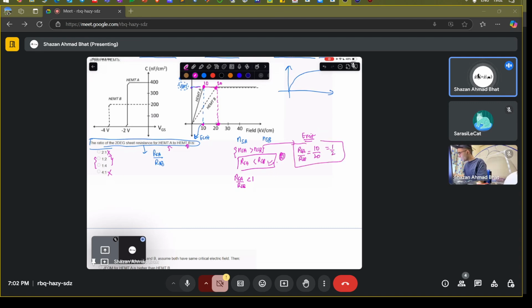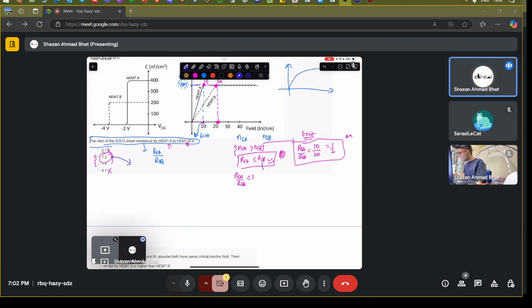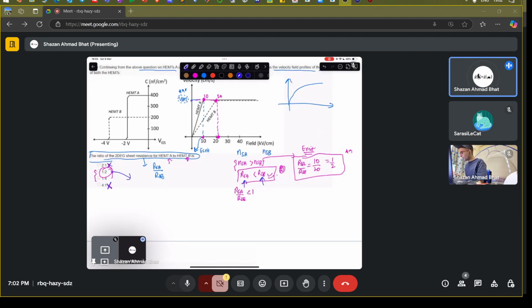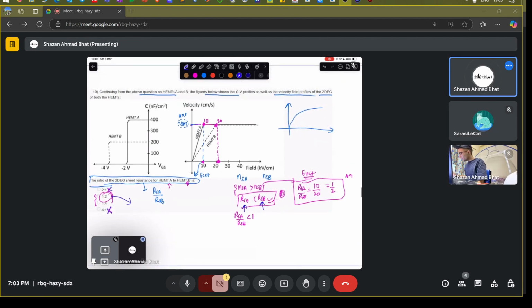That makes sense because, theoretically, we saw that the sheet resistance for B should be greater than that of A. So that naturally omitted the first and the last option, and the only option remaining was two, and then you have to compute it using the field ratios of these two HEMTs. That is one picture. Okay, that's it from this question.